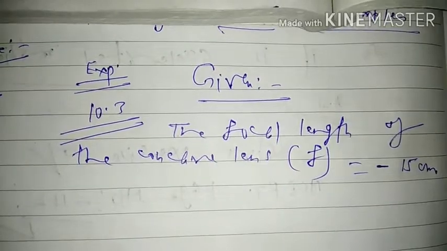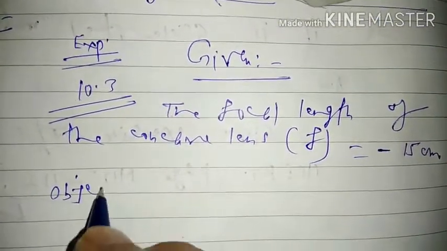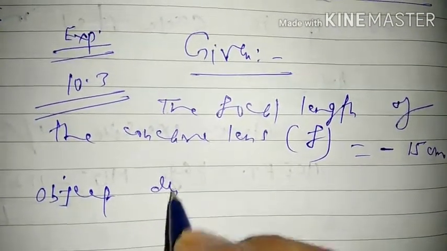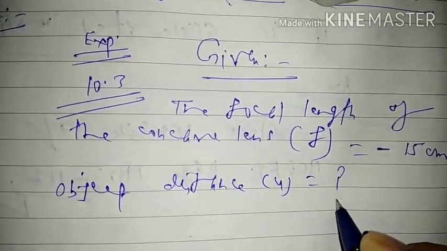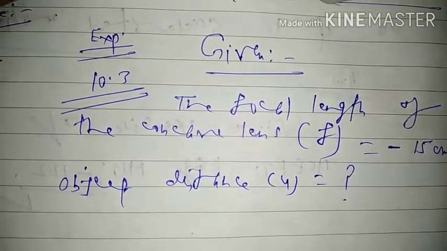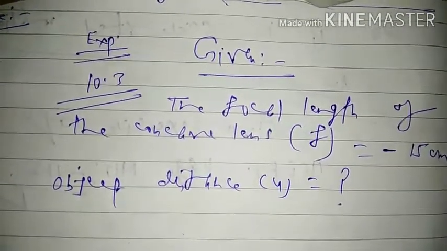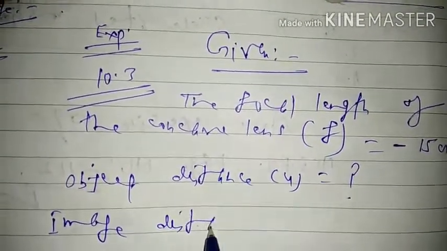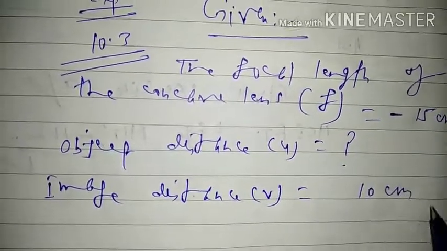At what distance? So object distance is asked here. At what distance should the object from the lens be placed so that it forms an image at 10 centimeter? So object distance, which is represented by u, is to be calculated. Image distance, which is represented by v, is given as 10 centimeter.